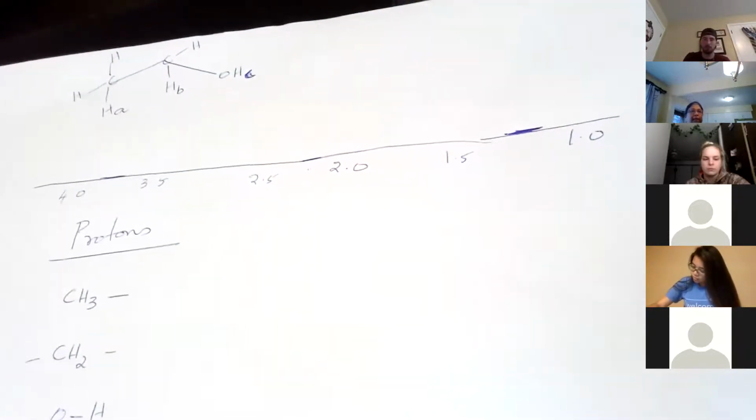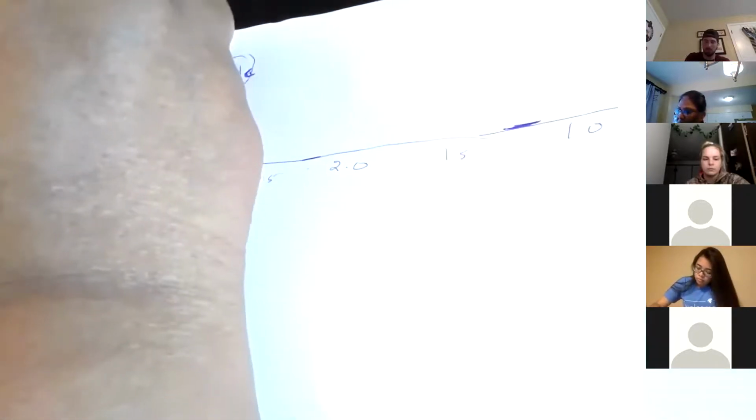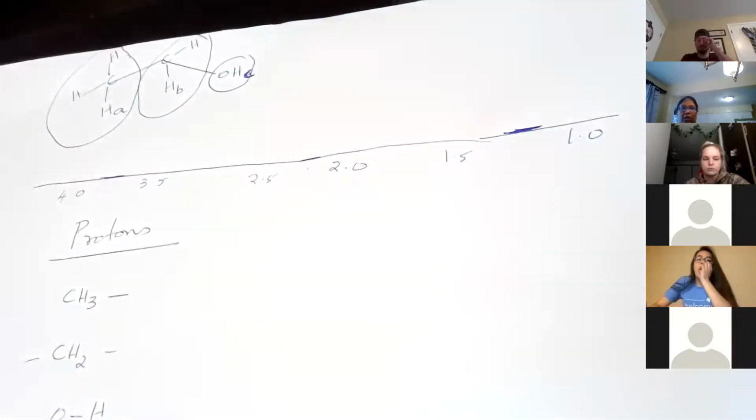That's OHC. So you have 3 types. That's the first thing that you'd have to look for. So on my NMR spectrum, I should see 3 signals.